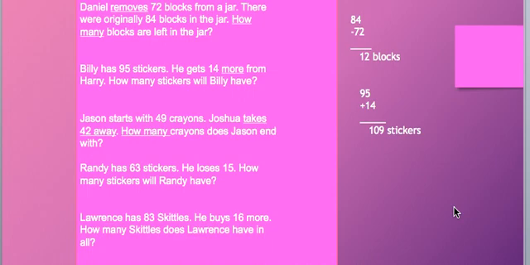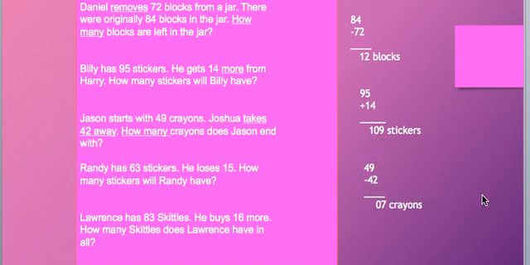Takes away is a clear key word that means you need to subtract. So we are going to do that right over here. So we have 49 minus 42. 9 minus 2 is 7. 4 minus 4 is 0. So our answer is 7. And then our question says how many crayons. So we would say 7 crayons.